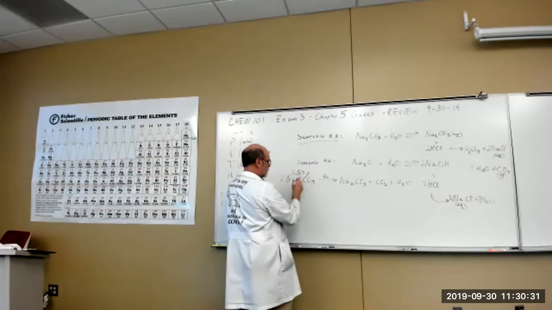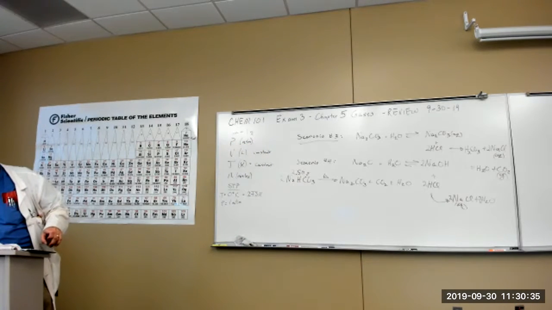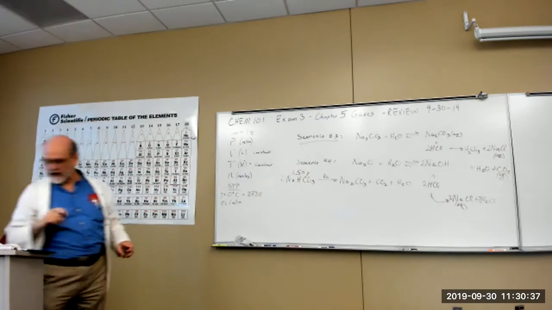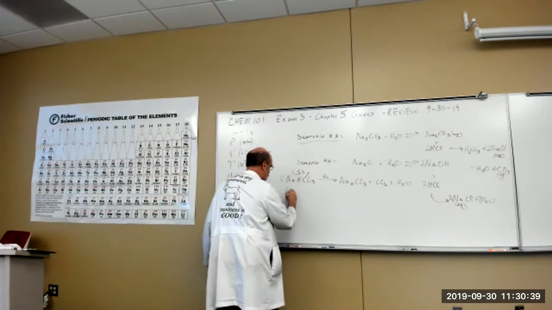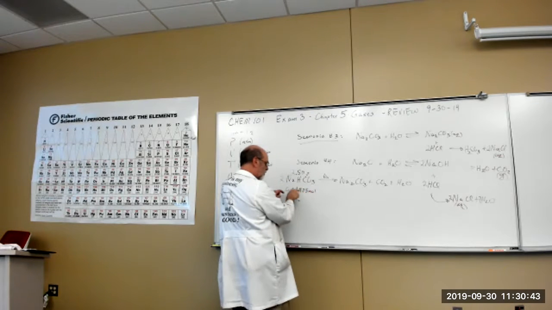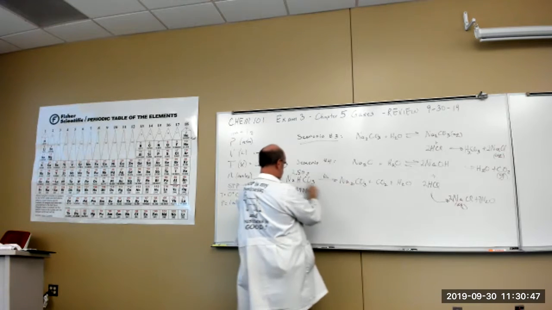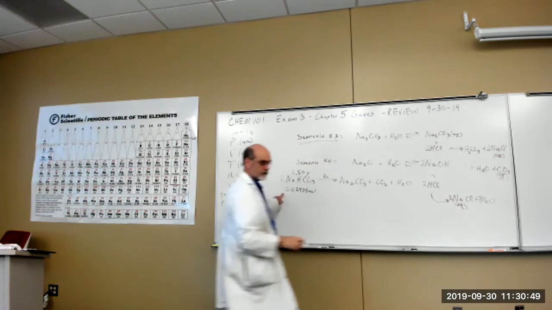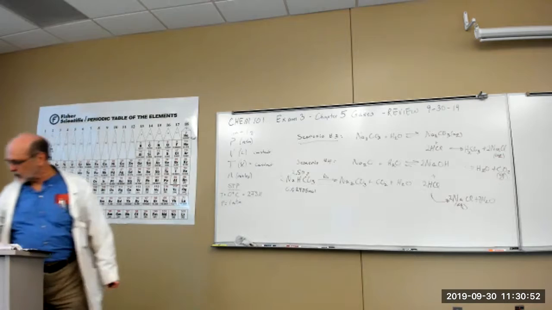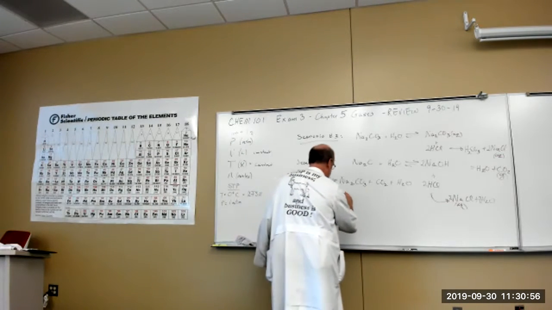In my scenario, 2.5 grams translated to 0.02975 moles. Once you have moles, you can find out how many moles of this, 2 to 1, so it'd be half of that, which would be 0.01488.